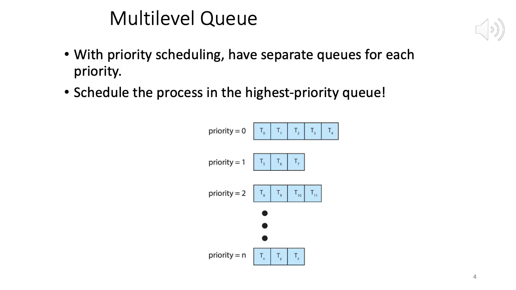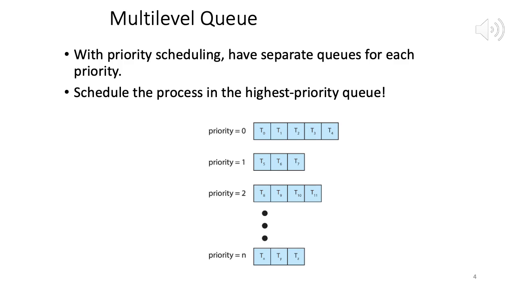And now what you do is schedule the process in the highest priority queue. So your policy could be, first go to the queue with priority level 0. Keep on executing based on your algorithm. Once the priority 0 queue is finished, go to priority 1, then priority 2, and then up till n.